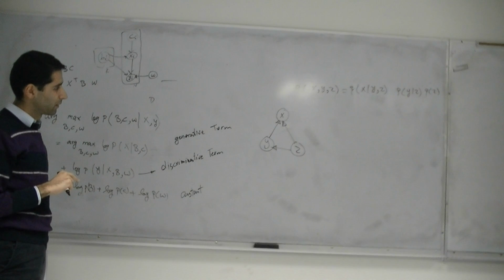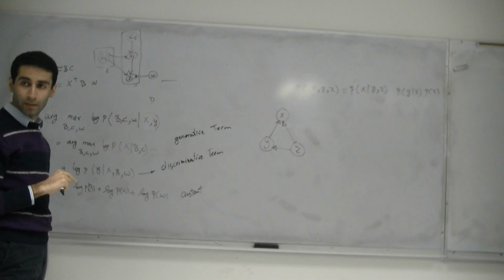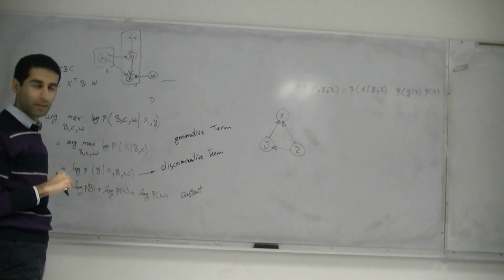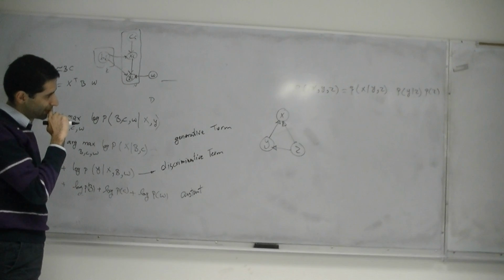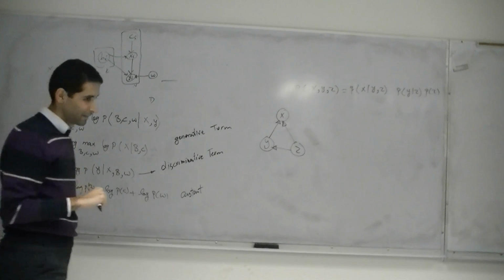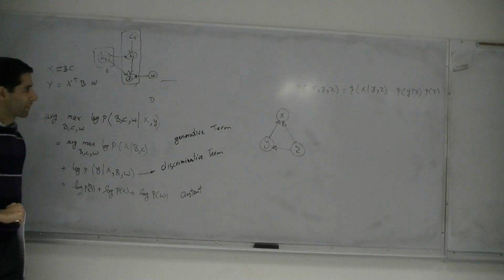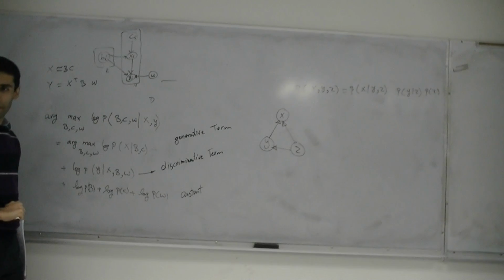I want to interrupt because actually that one is completely general what you written down. It doesn't matter what kind of graphical model, any three variables can be written like that.